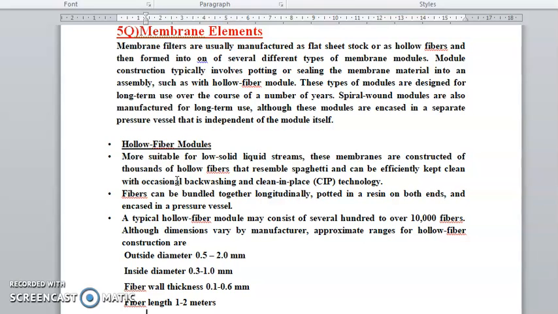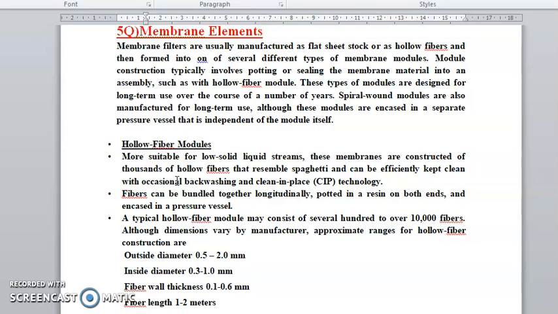These membranes are constructed of thousands of hollow fibers that resemble straws, and they can be efficiently kept clean with occasional backwash and clean-in-place (CIP) technology. Fibers can be bundled together longitudinally, potted in resin on both ends, and encased in a pressure vessel.